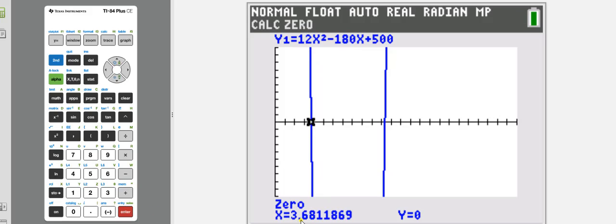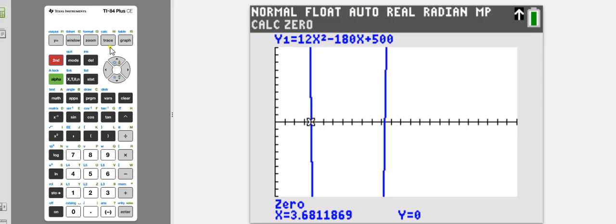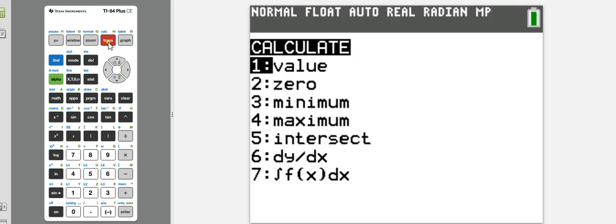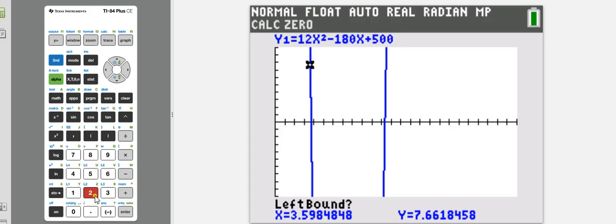So the first zero is going to be 3.6811869. And let's find the second zero. So second, trace, press 2. Let's move the left bound around. It's about 11.1.